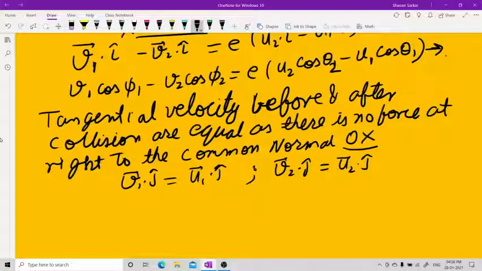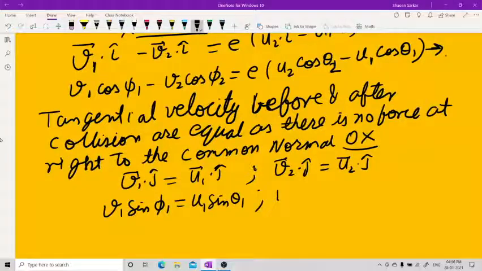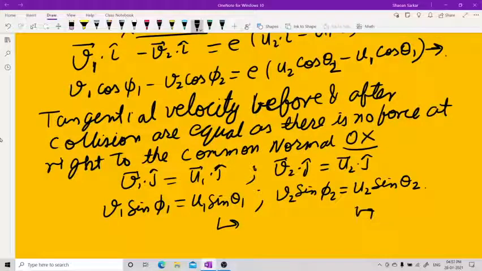So here you will have v1 sine phi 1 equal to u1 sine theta 1, and v2 sine phi 2 equal to u2 sine theta 2. Now these are again more important equations. You can just keep these equations in mind.